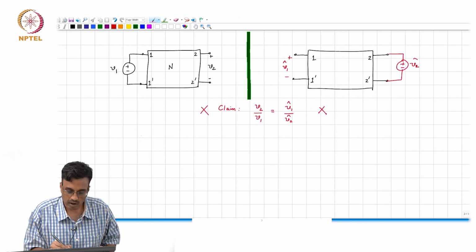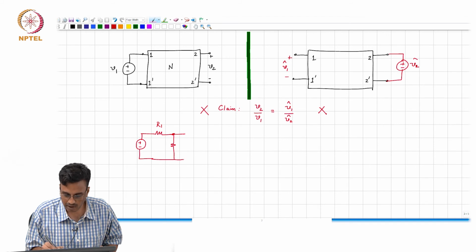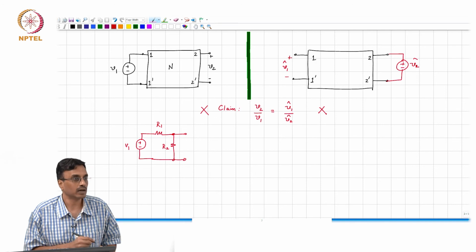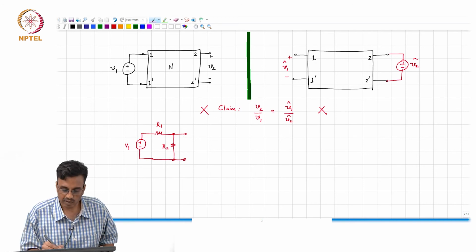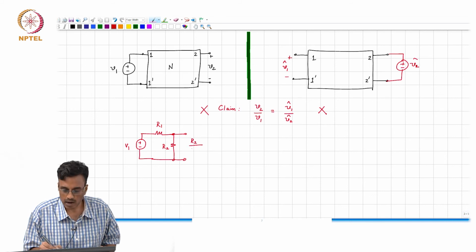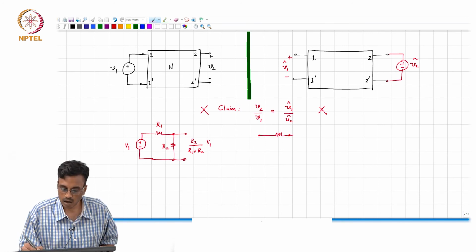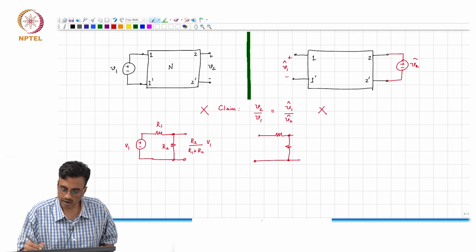And if you want a simple counter example, here it is. This is R1. I still see people incredulously looking at the result and saying, how can that be? So, this is V1. What is the output voltage? R2 by R1 plus R2 times V1. Now, I take the same network as you guys suggested.